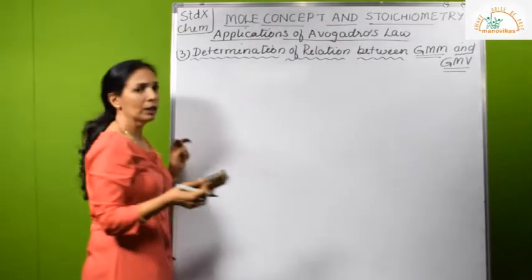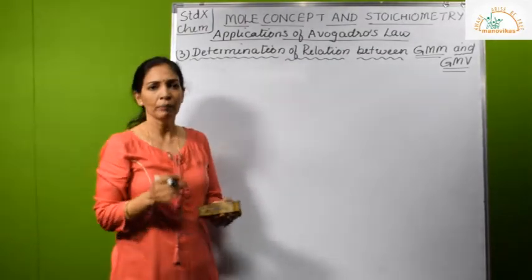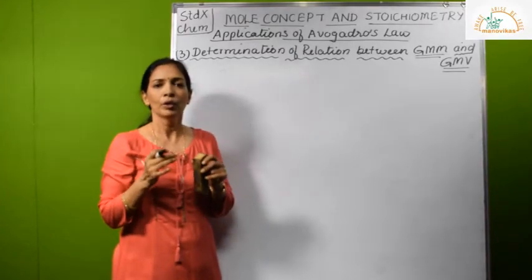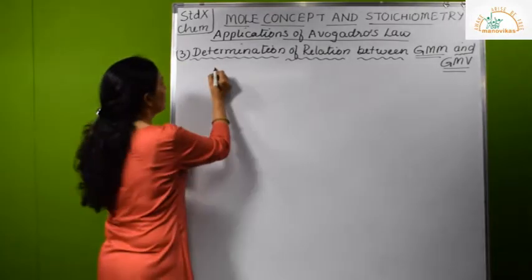Now see, what is the density of a gas? Density is mass per unit volume.